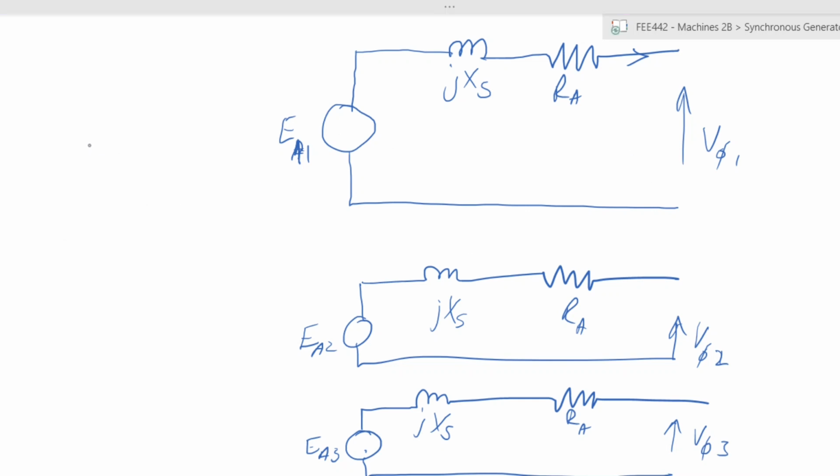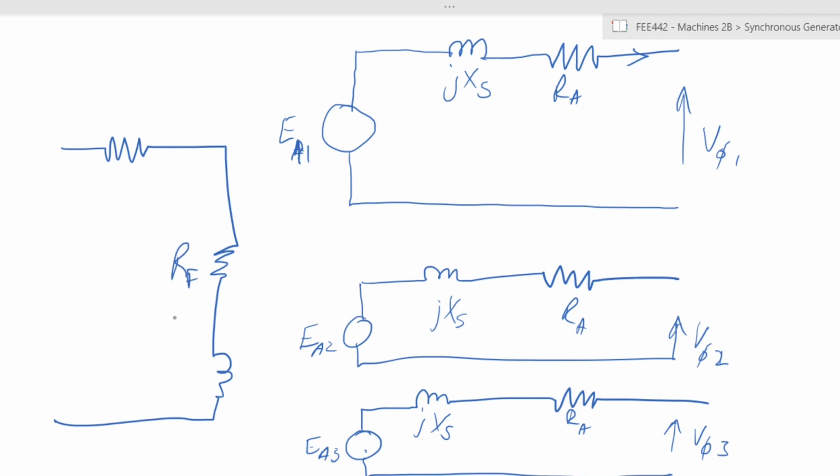To complete the circuit, we can indicate on the field side what are some of the elements that you have. Sorry for the roughness of that. So this would be RF, the resistance of the field windings. This would be XF, the inductance due to the field windings. And over here, we can have now an adjustment resistance that allows us to play around with the value of the field current.